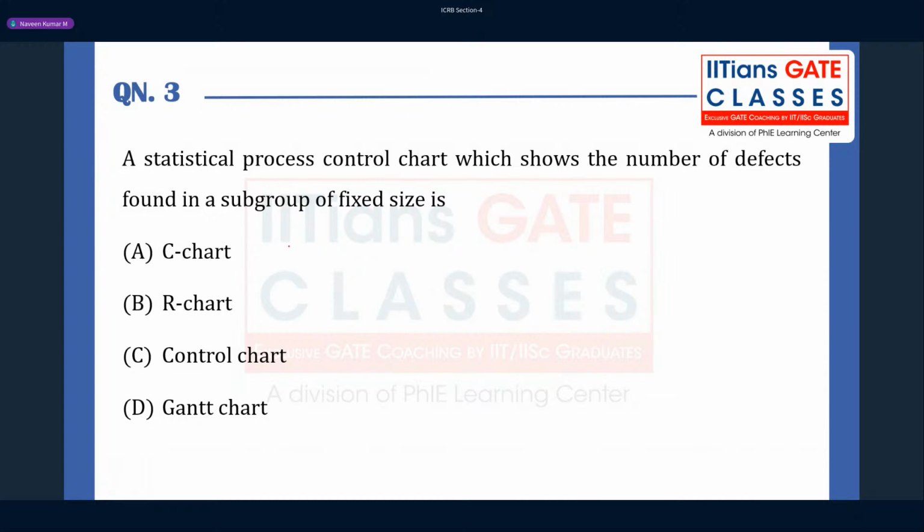C chart is also known as count chart. If you know, it's good. If you do not know, please follow.